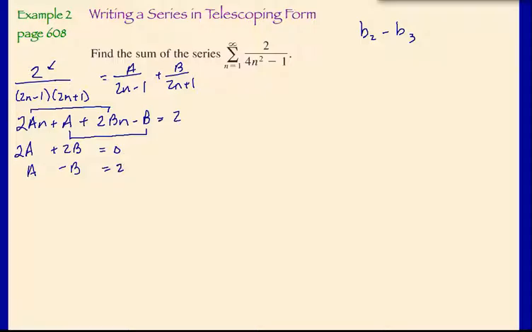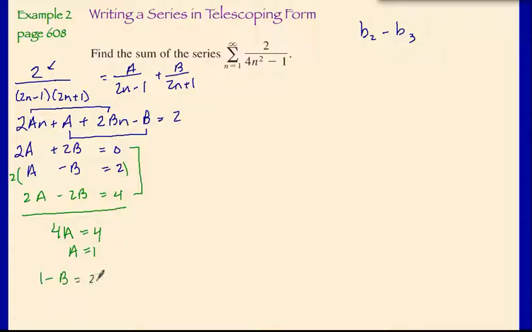So let's multiply the second equation by 2, rewrite it. 2A minus 2B is equal to 4, and when I add these two equations together, I get 4A equals 4, which means A is equal to 1, and then since 1 minus B equals 2, we end up with negative B is equal to 1, B is equal to negative 1.